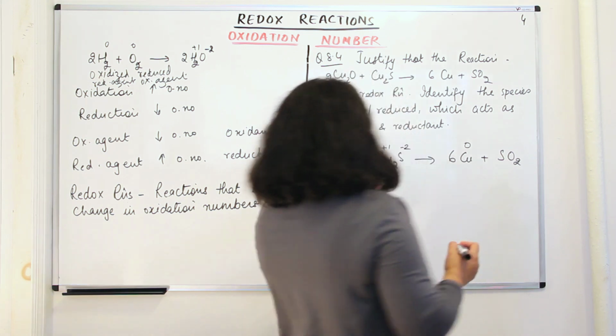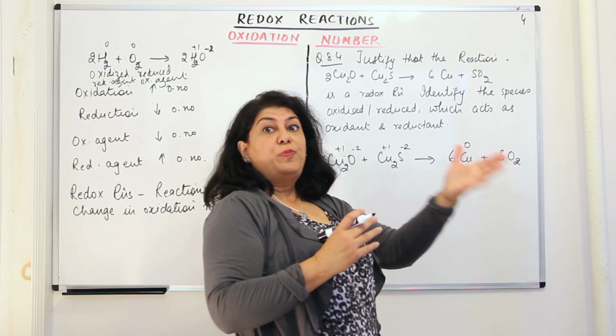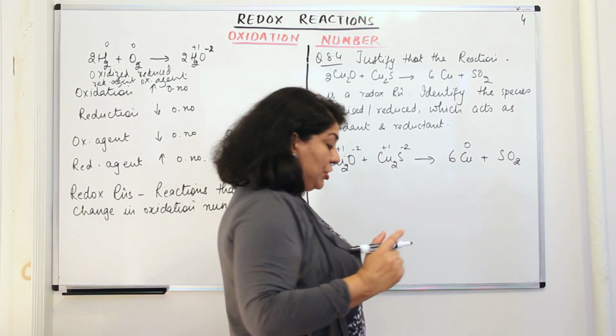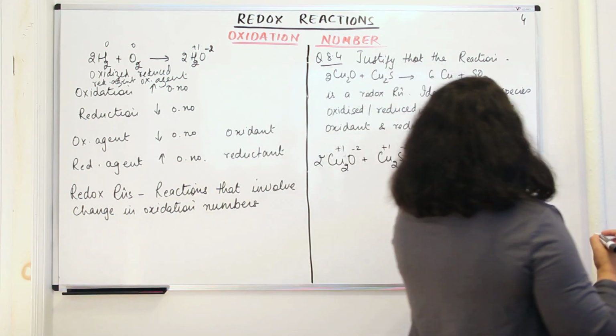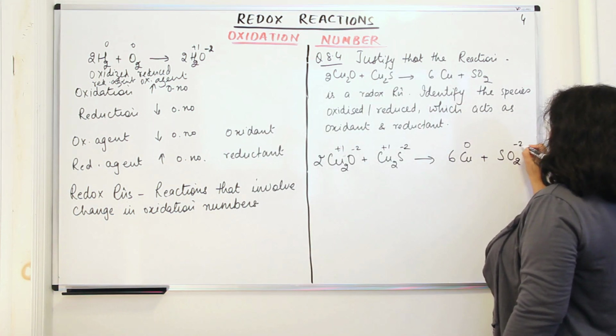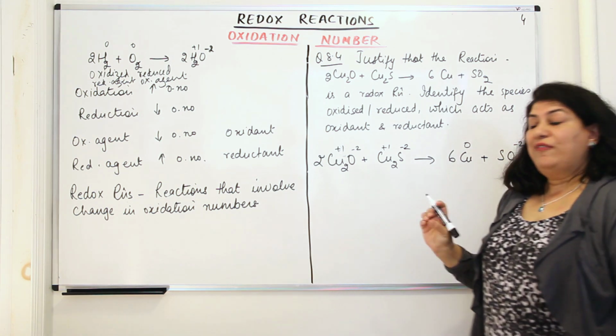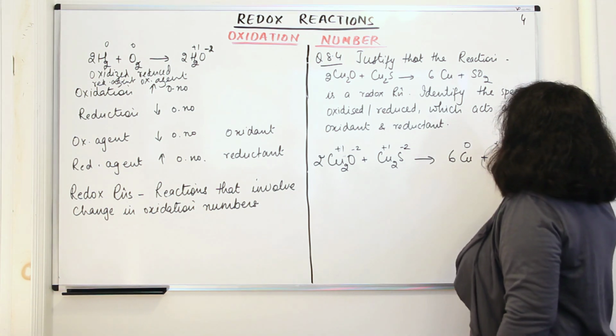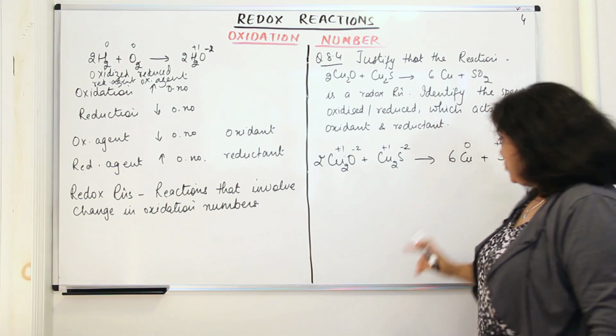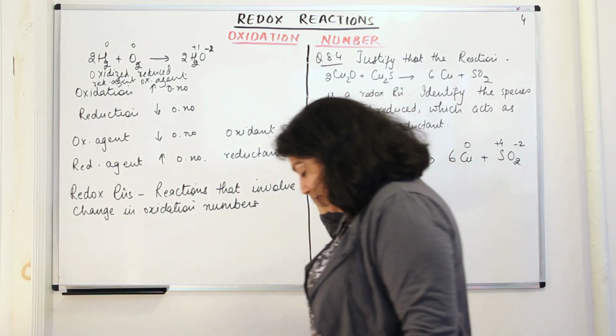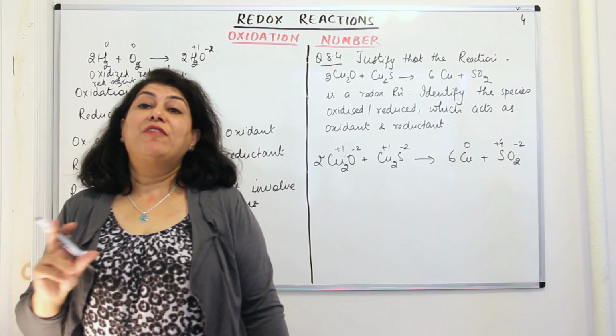And in sulfur dioxide, now sulfur is more electropositive in comparison to oxygen. So in sulfur dioxide, oxygen has a charge of -2 and there are 2 oxygens. Therefore, what would be the charge on sulfur?